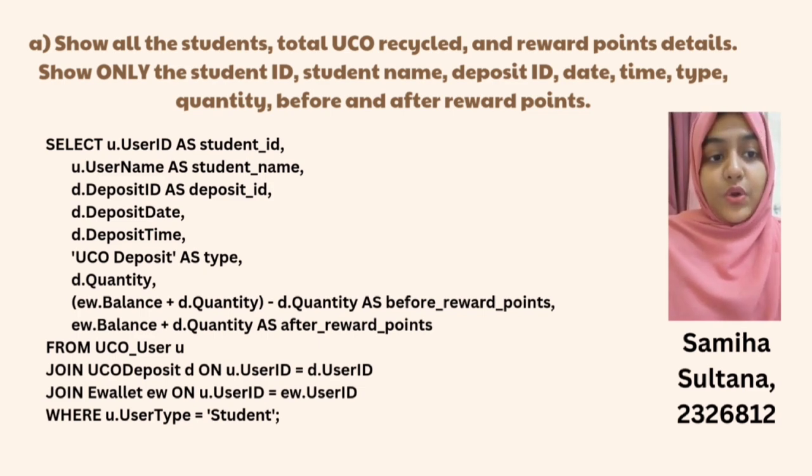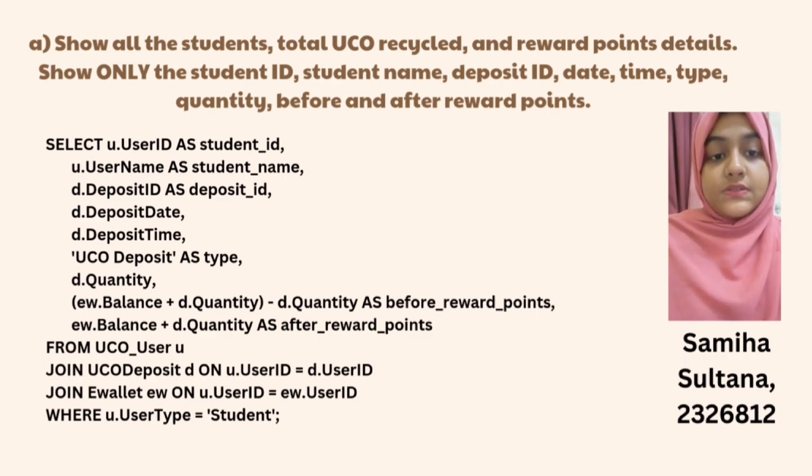Join UCO deposit d on u.user_id equals d.user_id joins the UCO user table with the UCO deposit table based on the user ID column. Join e-wallet ew on u.user_id equals ew.user_id joins the UCO user table with the e-wallet table based on the same user ID column.